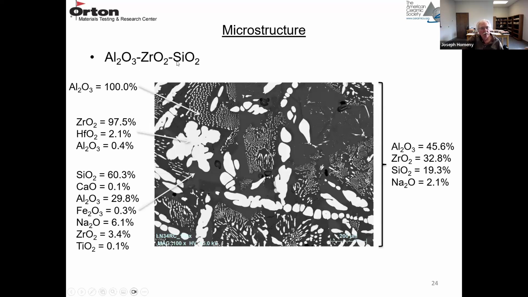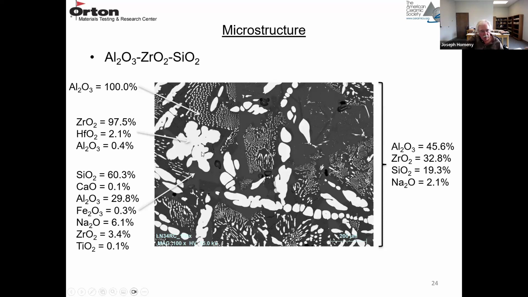So this is what an AZS refractory microstructure looks like. This is 100x, and the micron marker is 200 microns. So at 100x, the field of view here is about 45% alumina, 33% ZrO2, 20% SiO2, and there's some Na2O contamination.